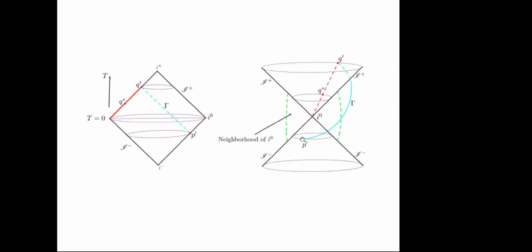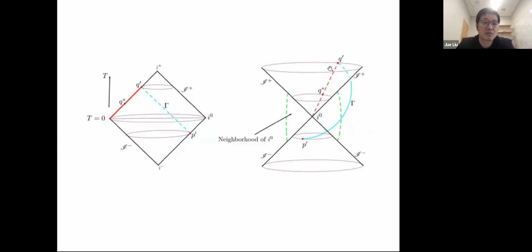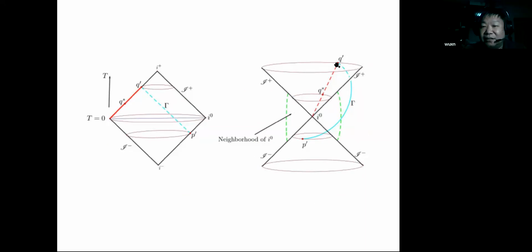At first you know that the antipodal points, of course, cannot be connected by timelike curves because of the causal comparison result, right? Because in Minkowski, p prime cannot be connected to q prime, and you can also do the direct calculation for the Minkowski case. You will know where the boundary is. For example, maybe the boundary is here.